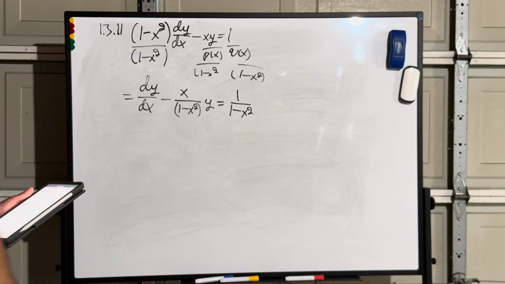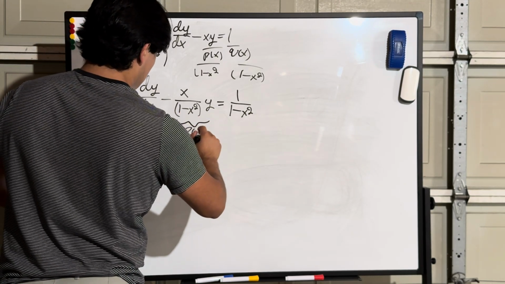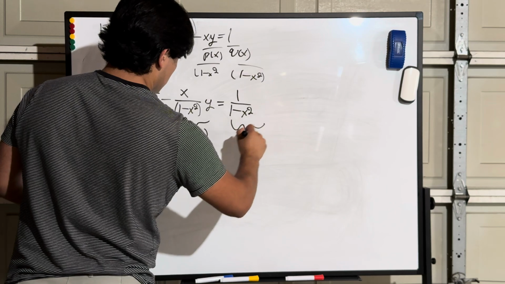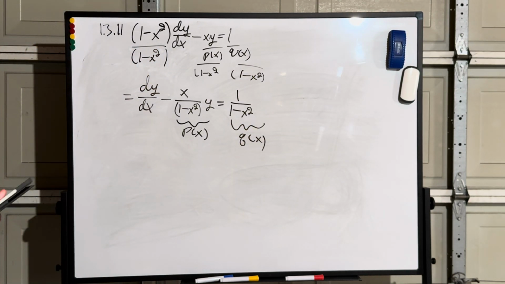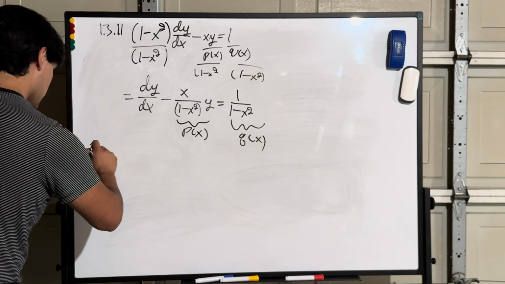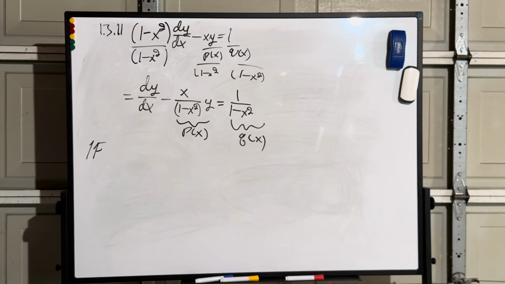So now here's your p of x and your q of x. And then we find our integration function, which is this right here. This one's a little tricky, but we got it.